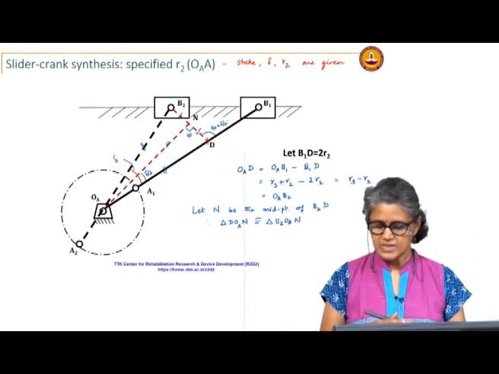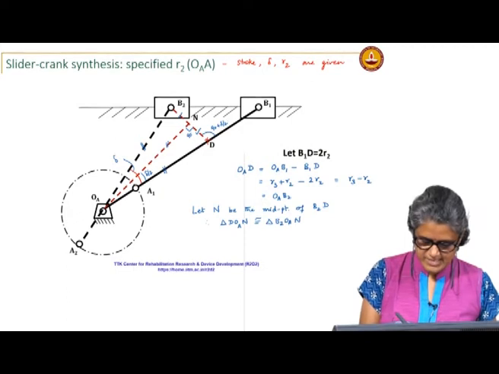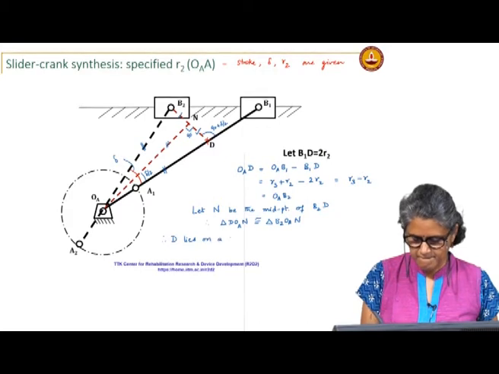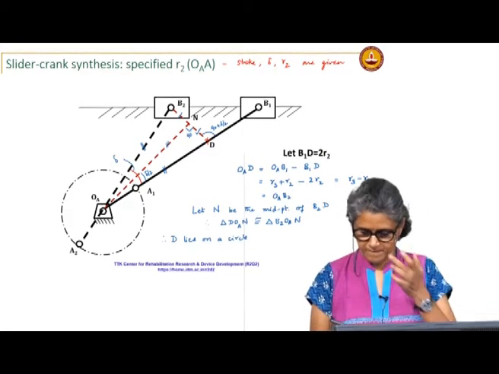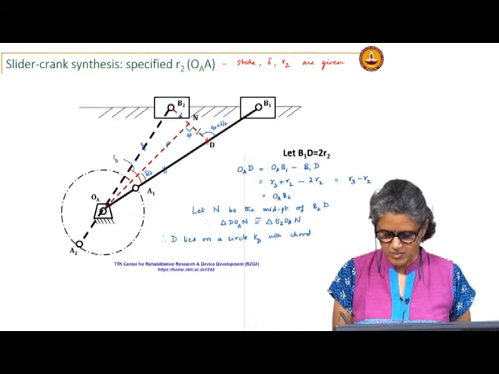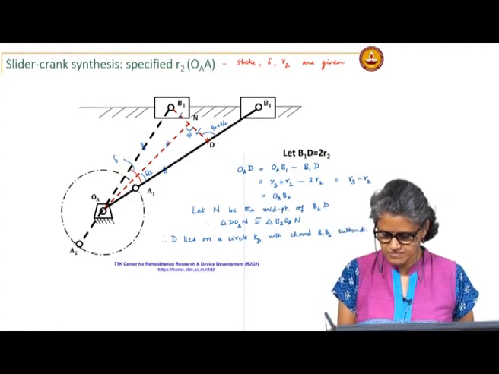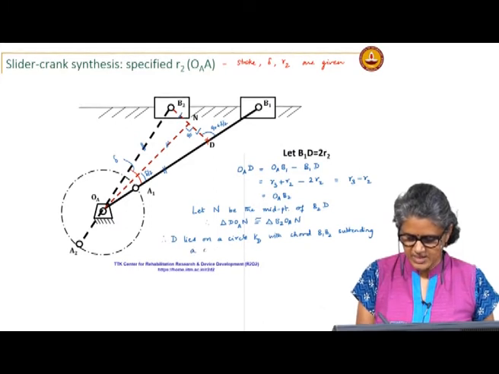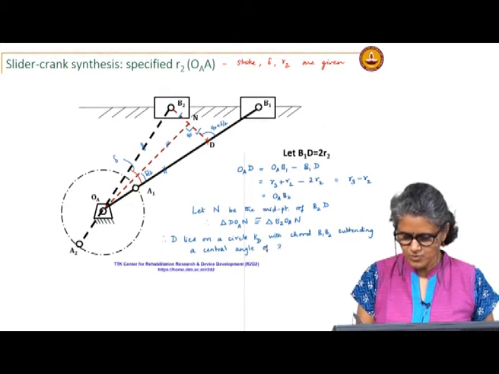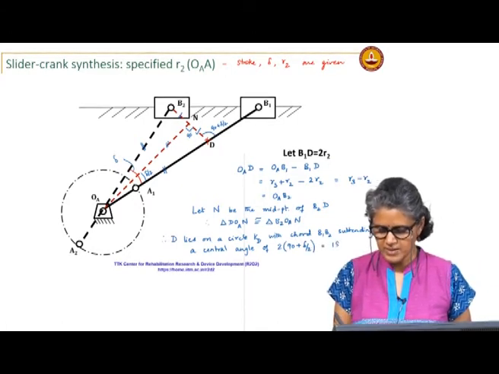Therefore, D is going to now lie on a circle, call it KD, with chord B1 B2 subtending a central angle of 2 into 90 plus delta by 2, which is equal to 180 plus delta.